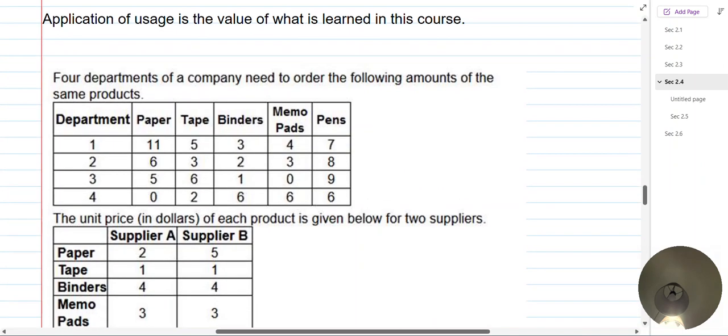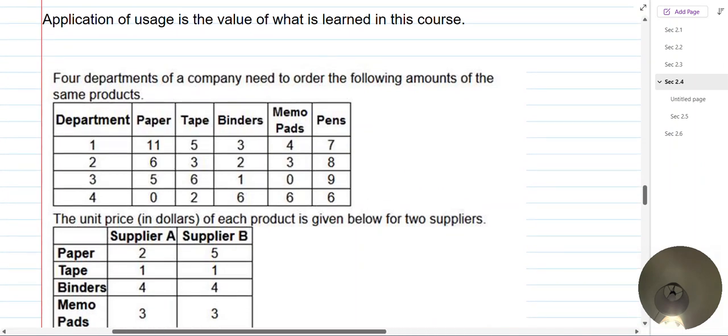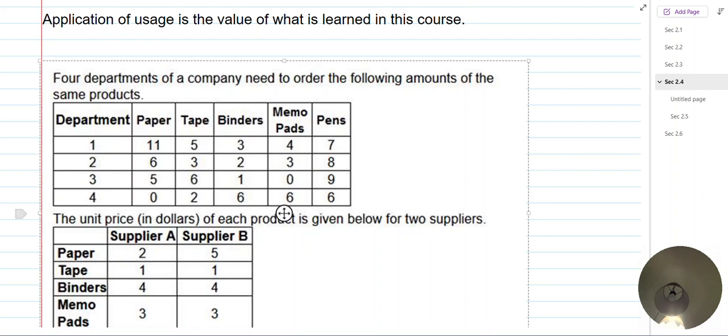So right here is our application problem. And this application problem has 4 departments, 1 through 4, and then it has types, and it has paper, tape, binders, memo pads, and pens. And what happens is each department sends in a request for what they need of these 5 categories.